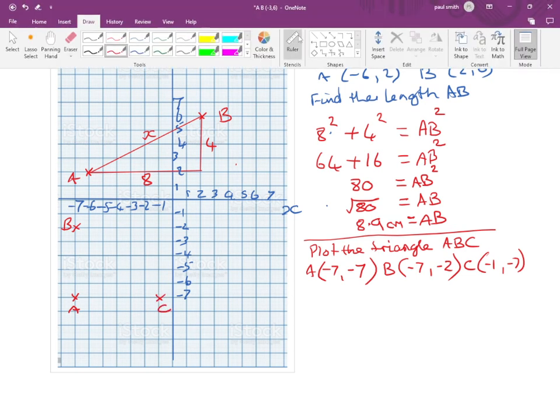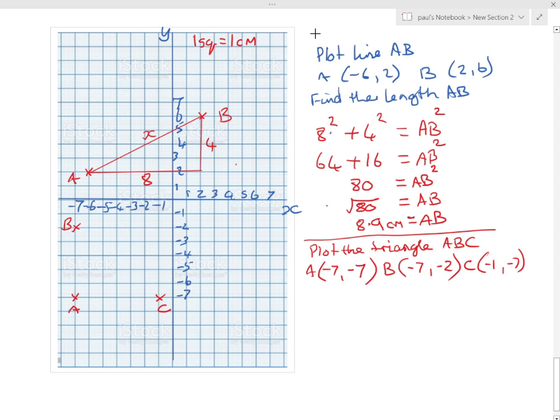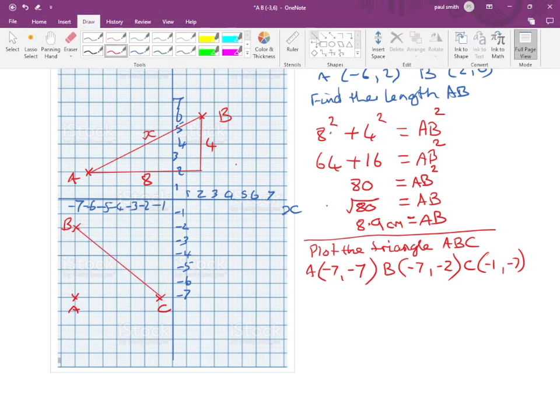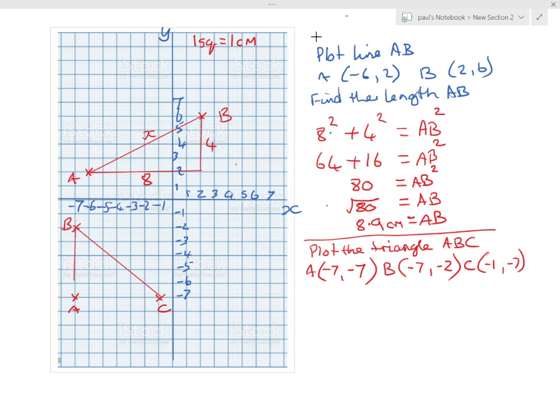So now we can draw that as a triangle. There. And let's do the measurements. 1, 2, 3, 4, 5. 1, 2, 3, 4, 5, 6.